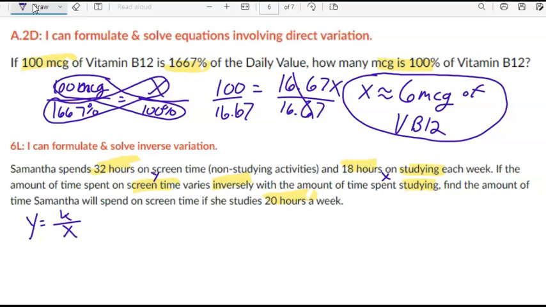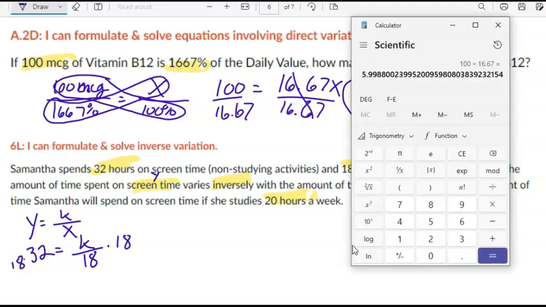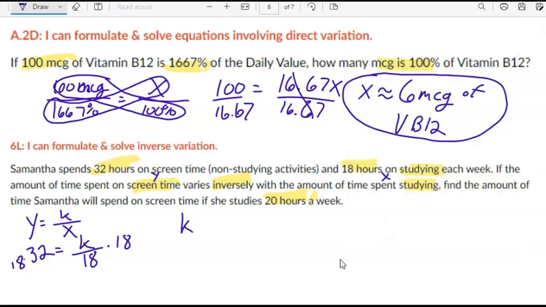So it's 32 hours for screen time, so we're going to say 32 equals k over 18. Let's multiply each side by 18 to find k. 32 times 18 is 576. So k is going to equal 576. Now we want to figure out what the screen time will be if she studies for 20 hours a week.